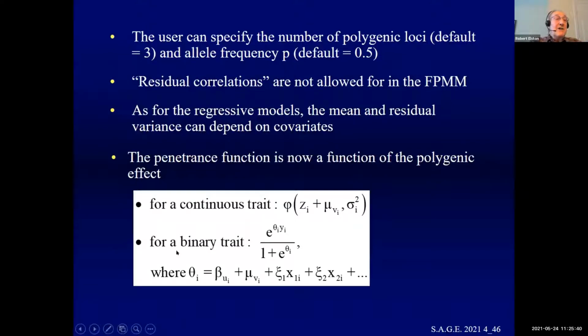For a binary trait, we do everything on the logistic scale, where theta is now this major gene effect plus a polygenic effect plus, say, Xi1 times covariate 1 plus Xi2 times covariate 2 for the particular individual.